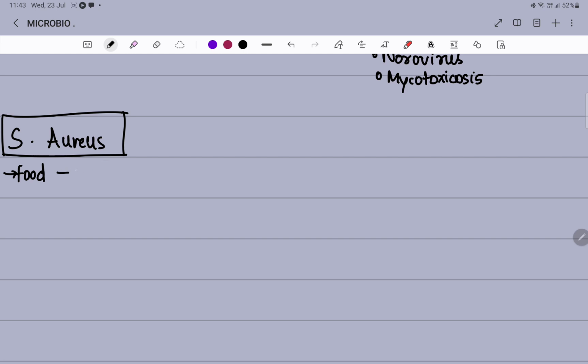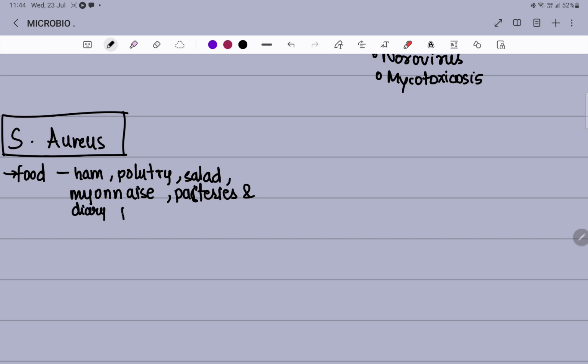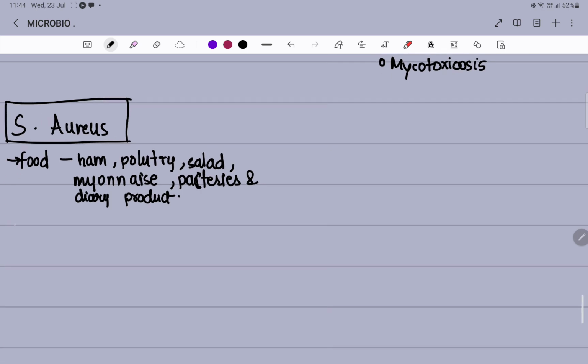It can be spread because of ham, poultry, salad, mayonnaise, pastries and dairy products. Okay, so that is it.